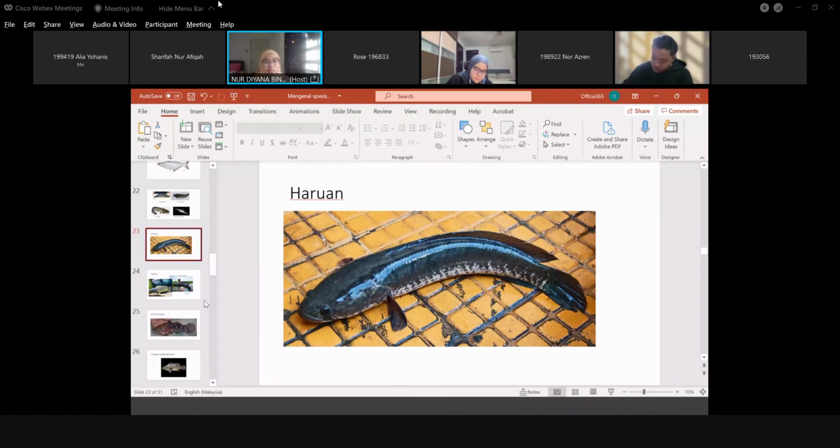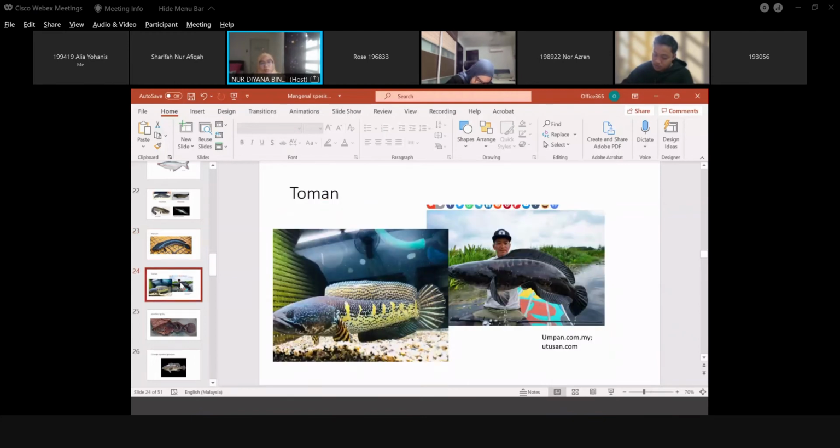They look like this, elongated body with a whitish tint on their body. Toman, we have a pair of toman in our lab in the aquatic animal health unit. If you're there, you can look at it. They can grow really long, about 1 meter, less than 1 meter.